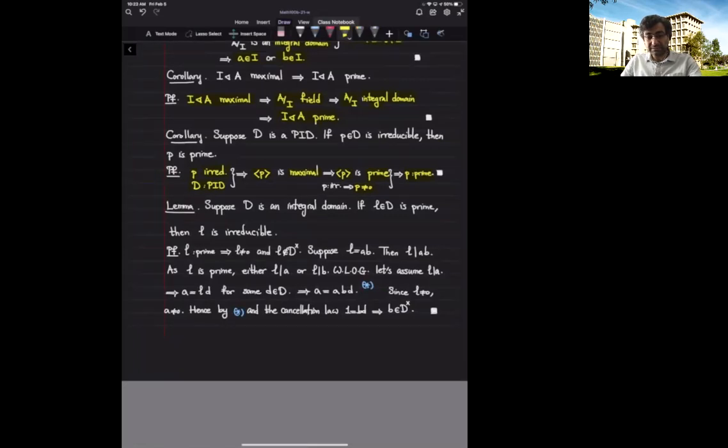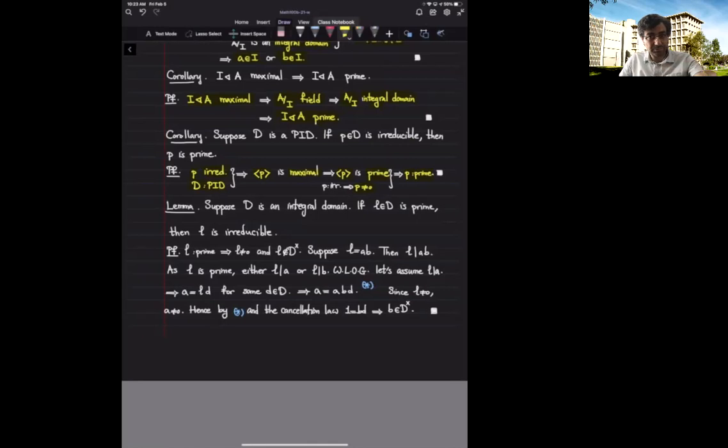So that means, and I'm going to record it later, that every PID is in fact a unique factorization domain, because we showed that every PID is Noetherian. Therefore, the existence part of being a unique factorization domain holds there. That means every non-zero, non-unit element can be written as a product of irreducibles.